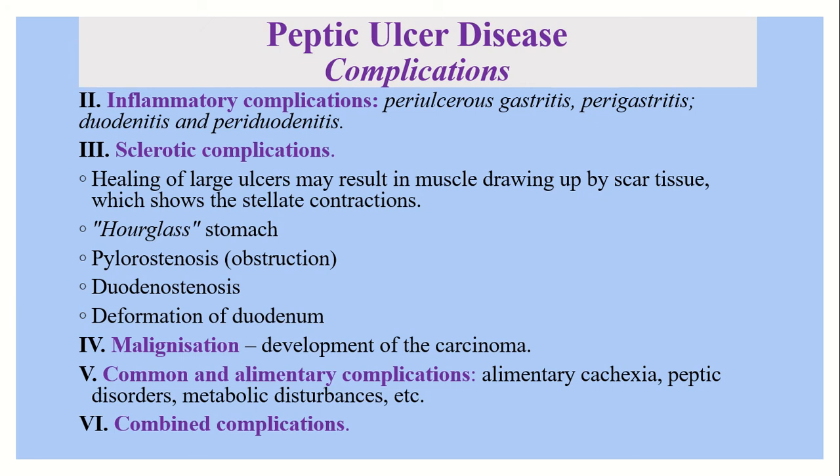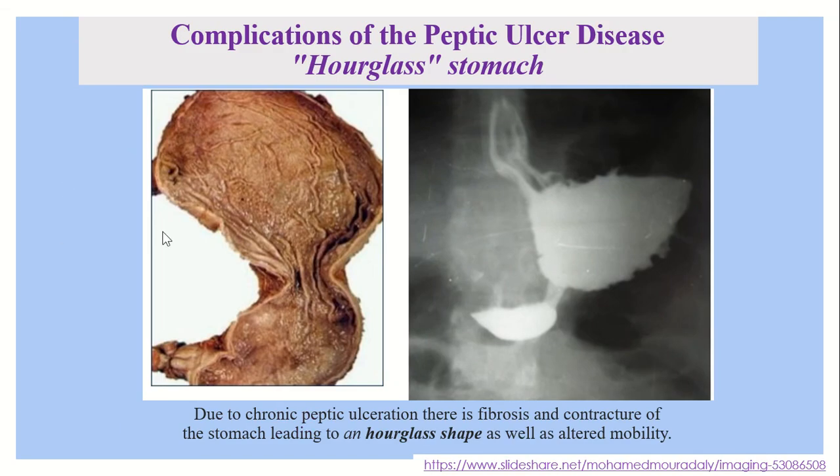The next group is common and alimentary complications. The alimentary cachexia, peptic disorders, metabolic disturbances, and etc. And finally, the combined complications. Here you see the gross pathology of the stomach with the sclerotic complications.